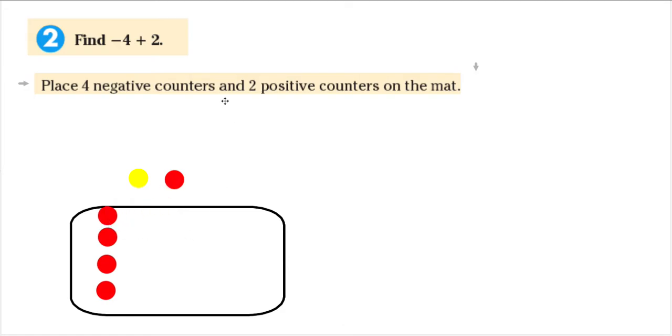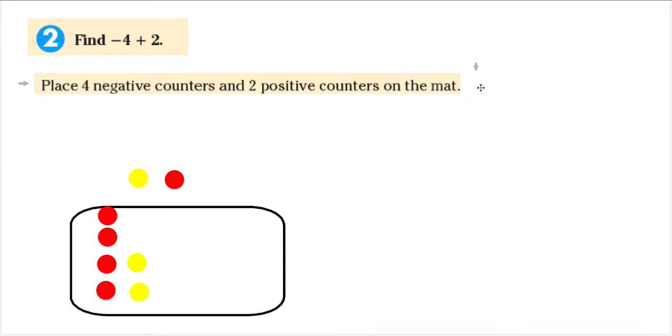Okay, and 2 positive counters on the mat. 1. Let's put it down here. And 2. Right there. So that's what it means, negative 4 plus 2.